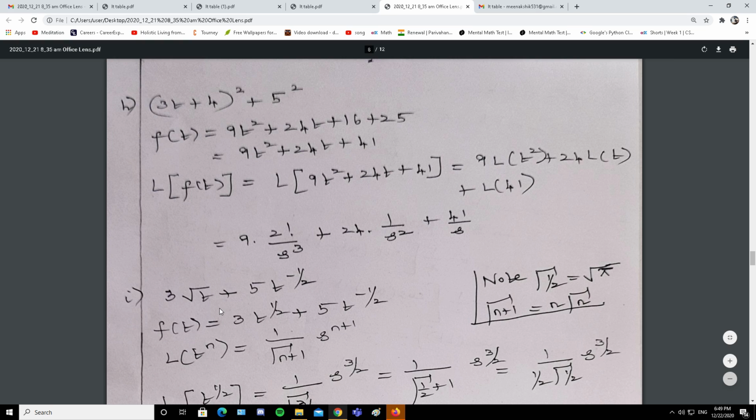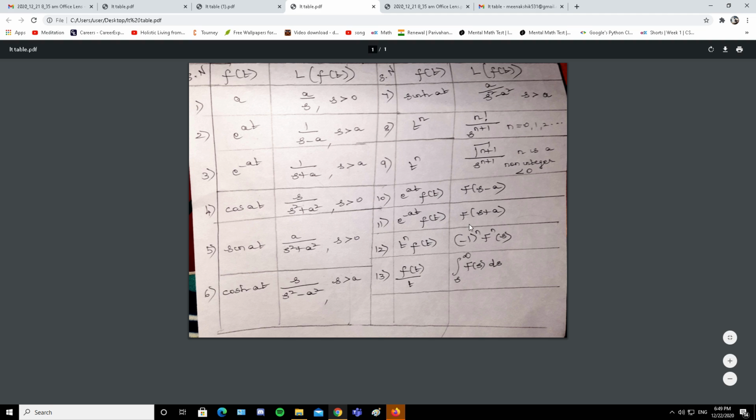Now next we have 3 root t plus 5t power minus half. So let f of t be 3t power half plus 5t power minus half. Whenever you have rational powers of t, you have to make use of the gamma function. See, there are two formulas for Laplace of t power n.